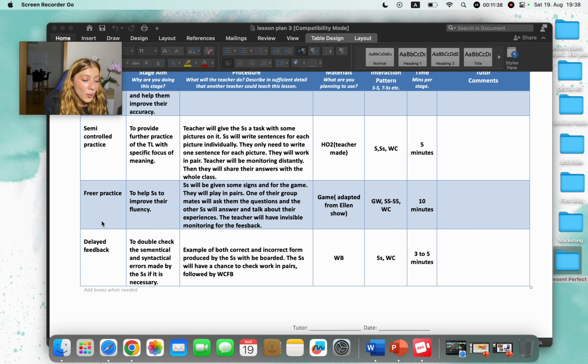And always when we are done with controlled practice and semi-controlled practice, we are going to have freer practice. My freer practice for present perfect about experience is very fascinating.